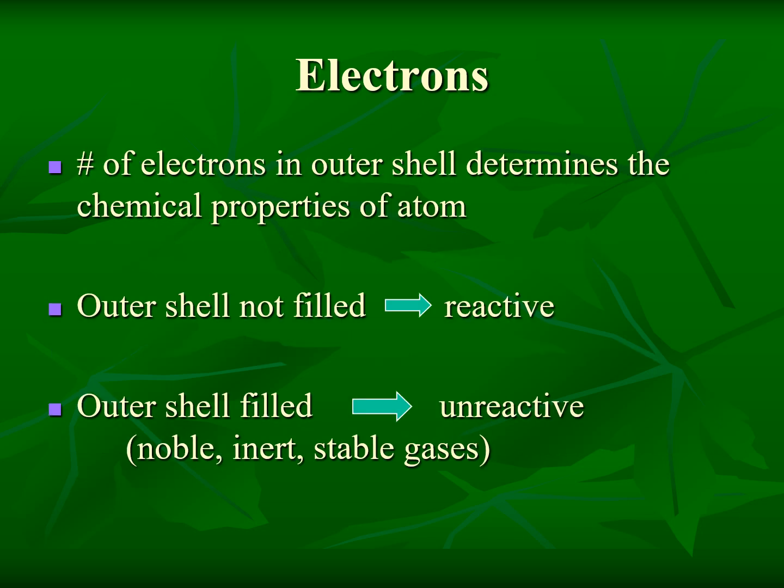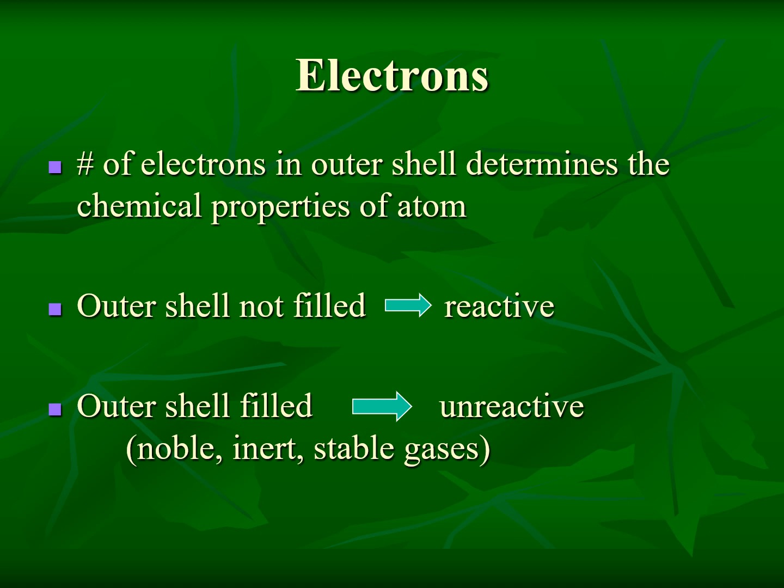The number of electrons in the outermost shell matters, because they're in these orbits or shells, and you have to completely fill the innermost one before you move to the next shell or the next orbit. Each orbit or each shell can only hold a certain specified number of electrons. So you're going to fill a shell, and then if you still have electrons remaining, they move to the next outermost shell or orbit.